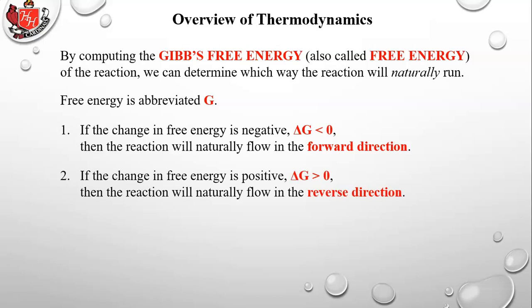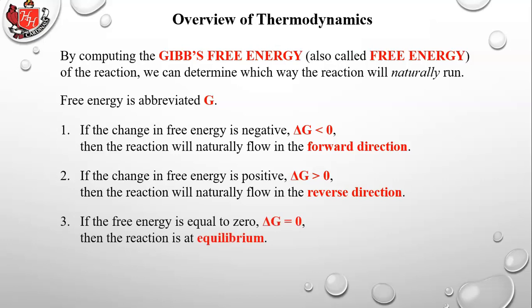If the change in free energy is positive, delta G is greater than 0, then the reaction will naturally flow in the reverse direction. And if the free energy is equal to 0, delta G equals 0, then the reaction is at equilibrium, and the reaction will just stay right there in its current position.